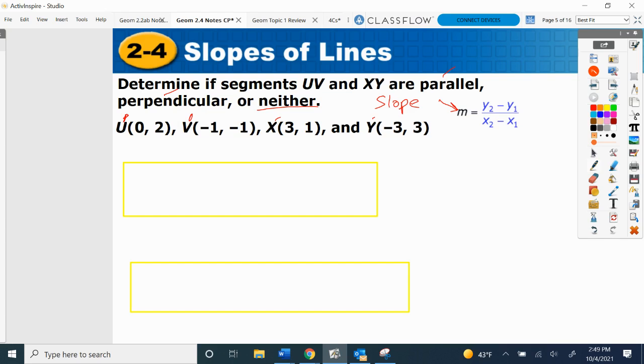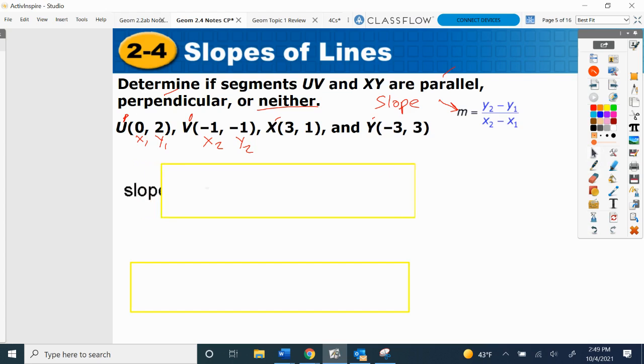If we were going to use the slope formula with these two points U and V, our first step, just like we did back in topic 1, would be to label one set of our coordinates x1, y1, and the other set x2, y2. Once we have that, it's just a matter of plugging them into the slope formula and seeing what we have.